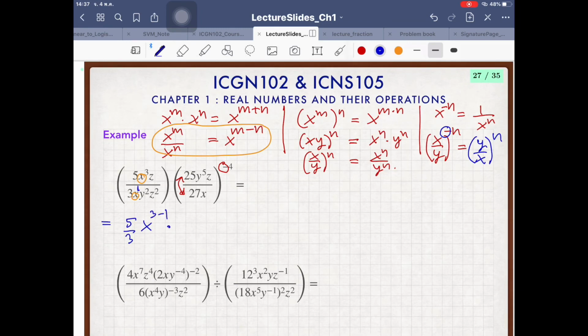The next term, the term y, you can put it to be y squared again. It is because you don't have the term y in the numerator. But for the next term of z, now you can have z to the power 1 divided by z squared.